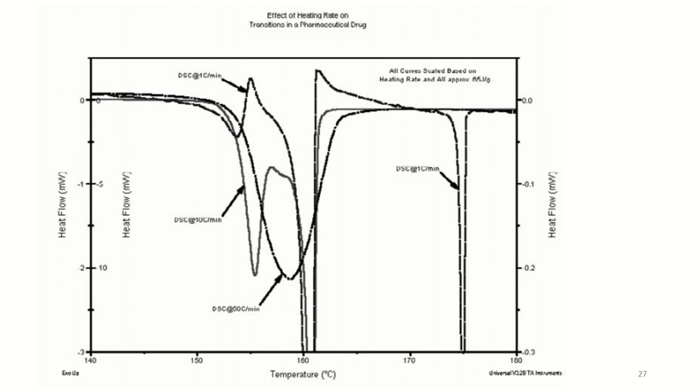For example, with modulated differential scanning calorimetry, the polymorph detected at about, for example, 170 degrees Celsius will be verified to be real by hot stage microscopy results.